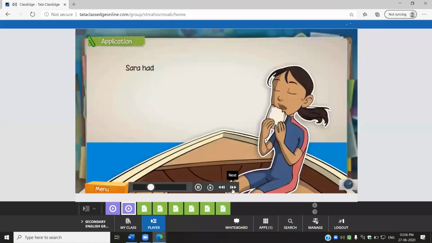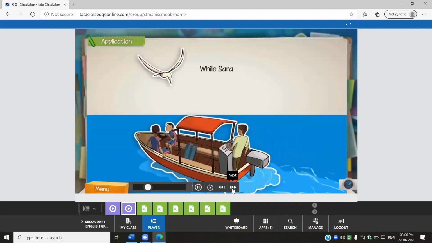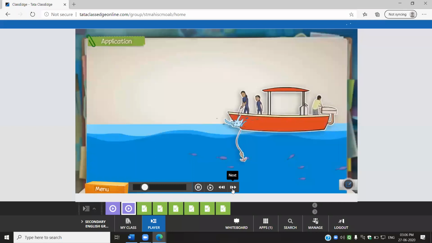Sarah had packed a sandwich and an apple for lunch. While Sarah ate, a seagull circled the boat, hoping for crumbs. The instructor finally announced that they had arrived and dropped the anchor.